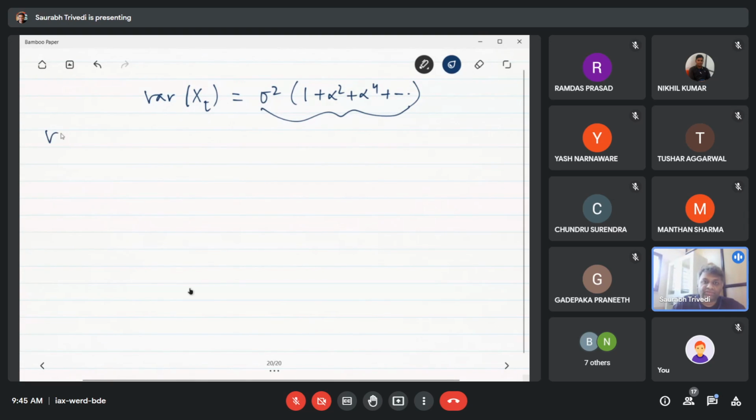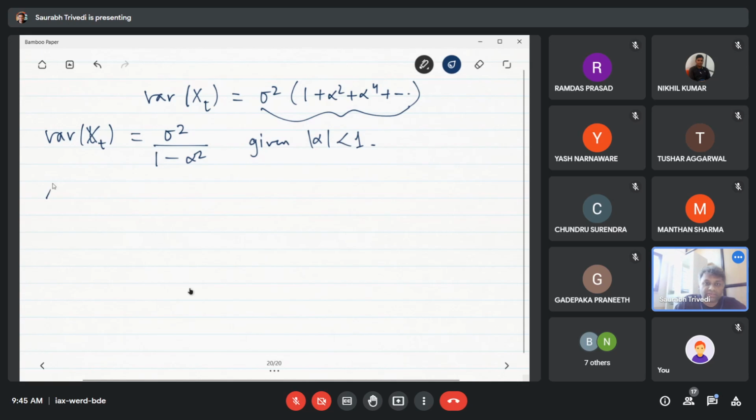This variance of xt, I can write as sigma squared times 1 over 1 minus alpha squared, given mod of alpha is less than 1, or alpha squared is less than 1, but we already have mod of alpha less than 1, right? So then it will be constant.